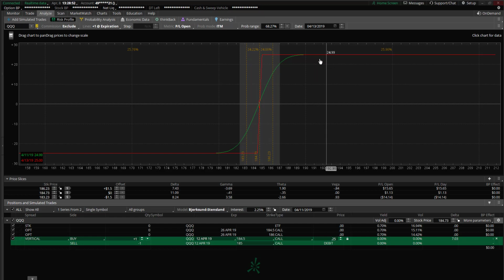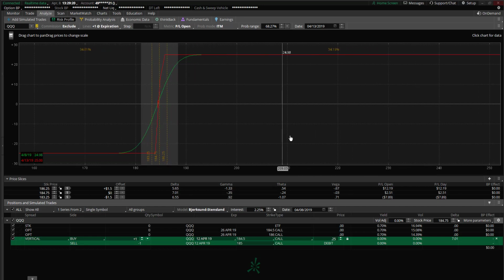But it's almost impossible with a debit spread to take the entire full profit that it shows here in red. So you never want to calculate that as what you could make between now and expiration, because it's almost impossible. I'm not going to say that it's completely impossible, but you would need a massive, massive move to the top side before you would finally see that profit.